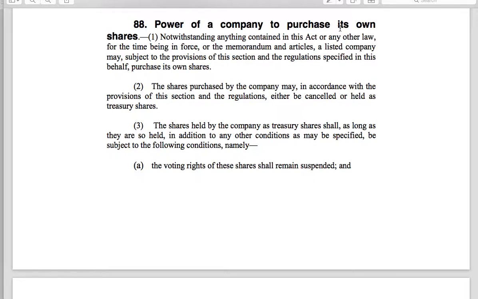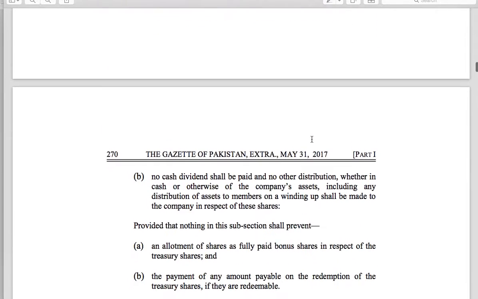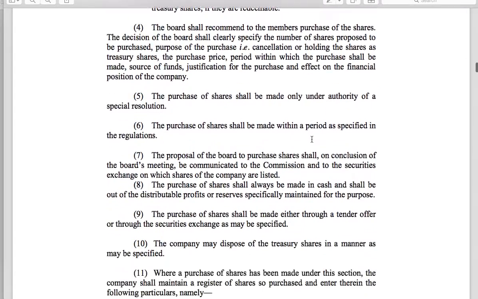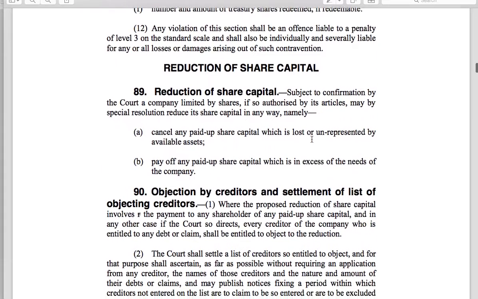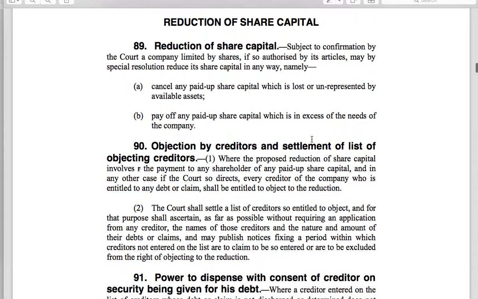Power of company to purchase its own shares: on the memorandum, a listed company may, subject to the provisions of this section. So for purchase of its own shares by a listed company, these are the rules, and you have to follow this section as well as the regulations and rules given for buyback of shares.